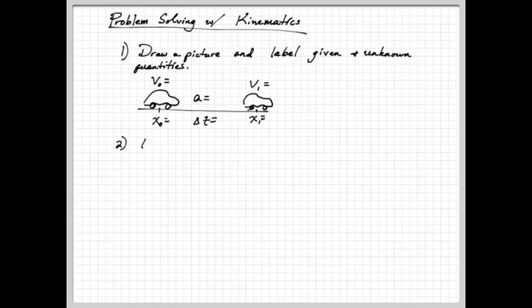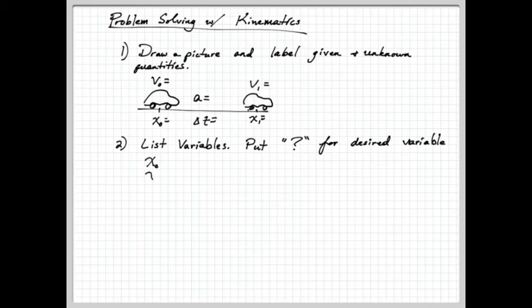All right, the second step would be to list your variables. Every variable that's in that picture, list all of them, and put a question mark for whatever variable is being asked for in the problem. Get used to writing this list: initial position, final position, initial velocity, final velocity, acceleration, and time.